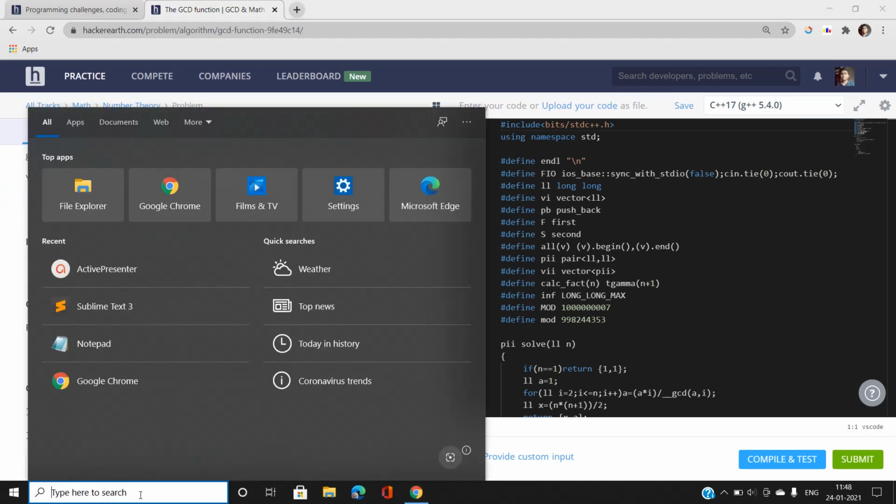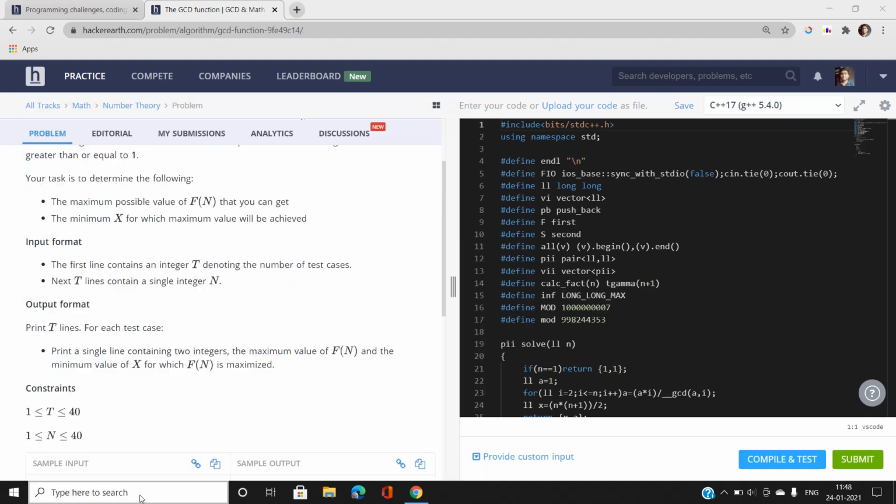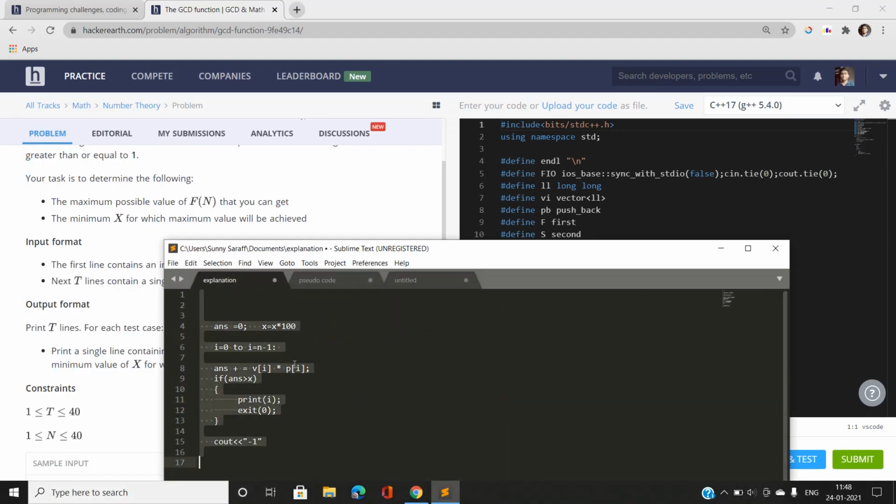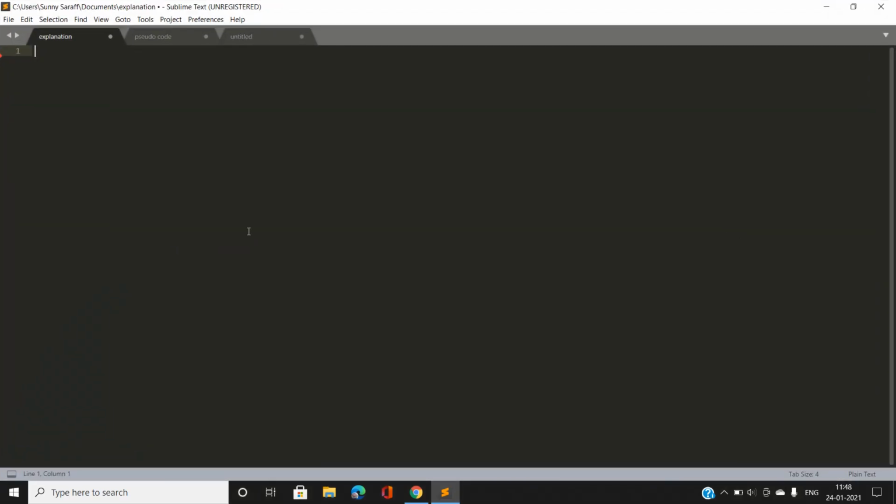Now, first of all, let us understand this question mathematically. f(n) will be GCD(x, 1) plus GCD(x, 2), and it goes like that up to GCD(x, n).